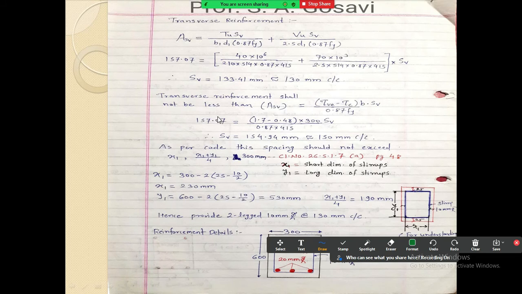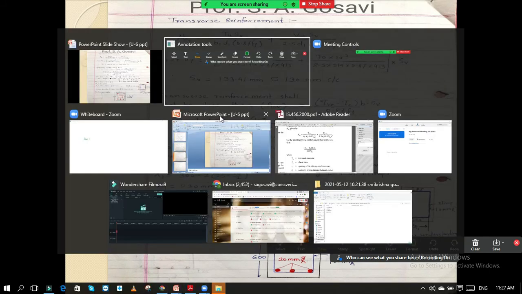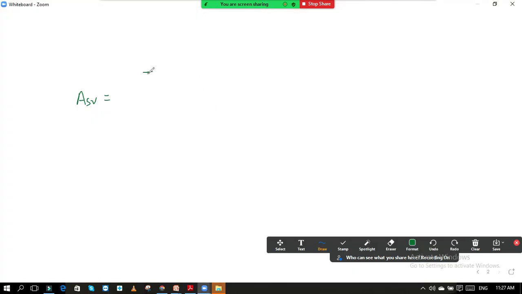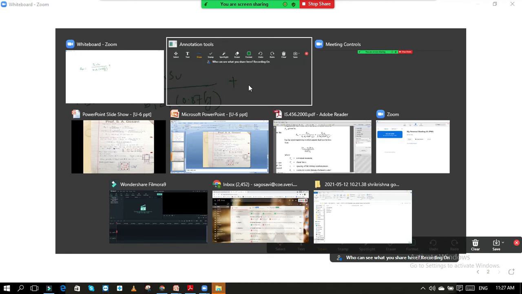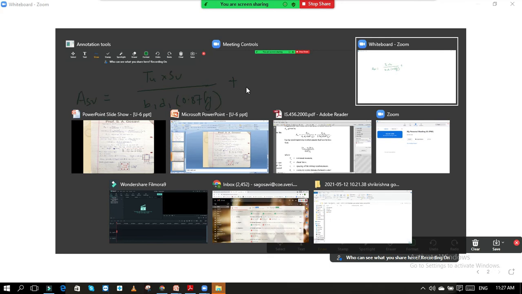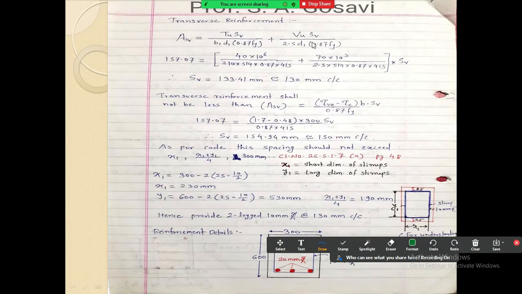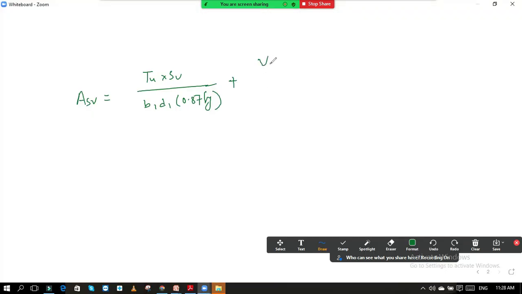It is TU into SB divided by B1 into D1 into 0.87 FY plus VU SB divided by 2.5 D1 again 0.87 FY.